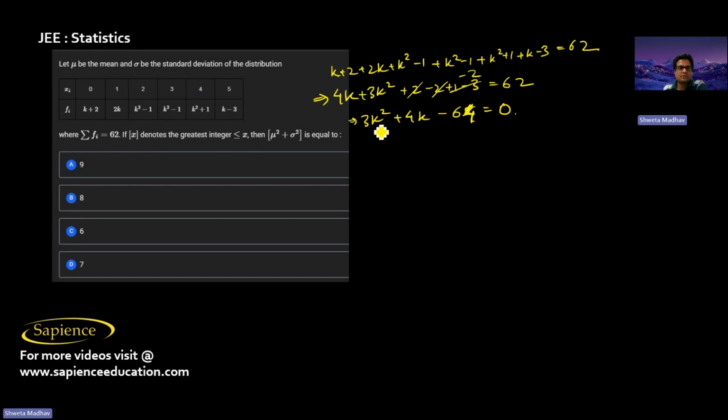Now the value of k we can find out. k will be equal to minus b plus or minus square root of... frequency can't be negative. It can't be less than 3. k minus 3 should be more than 0, so k should be more than or equal to 3.